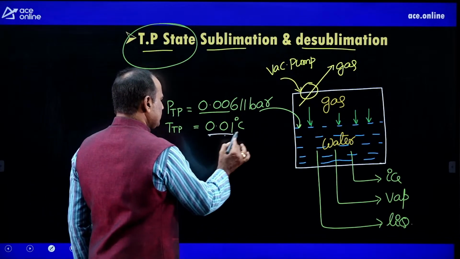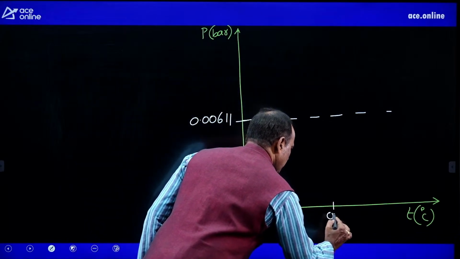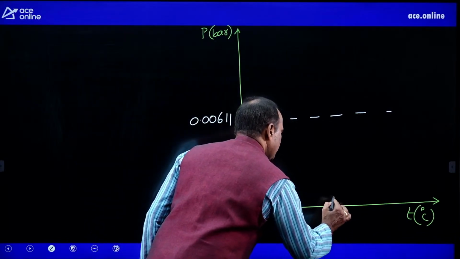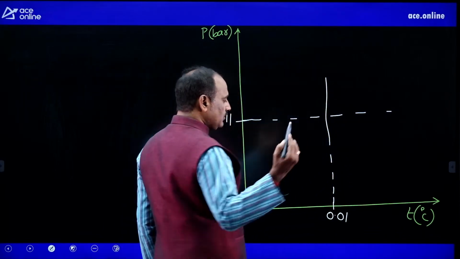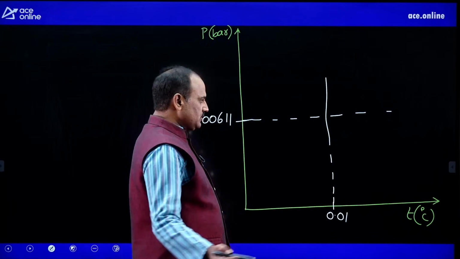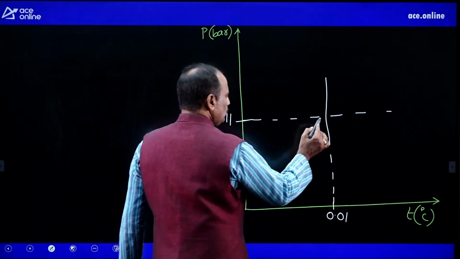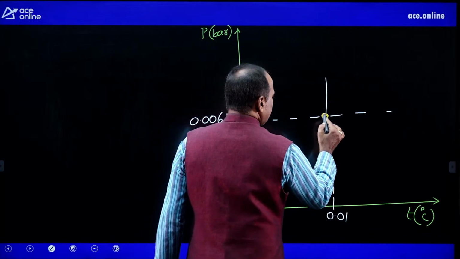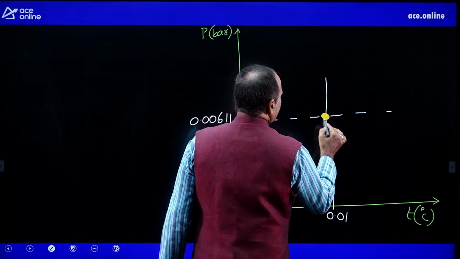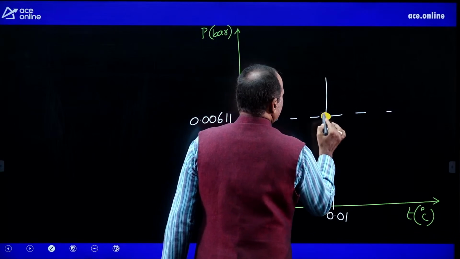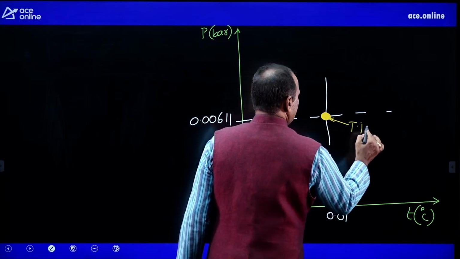Corresponding temperature is 0.01 degree centigrade. Try to mark the temperature 0.01. From that point, project a vertical line. The vertical line represents the constant temperature, that is 0.01 degree centigrade. Wherever those two properties, pressure and temperature, are meeting, that particular state is called triple point state.